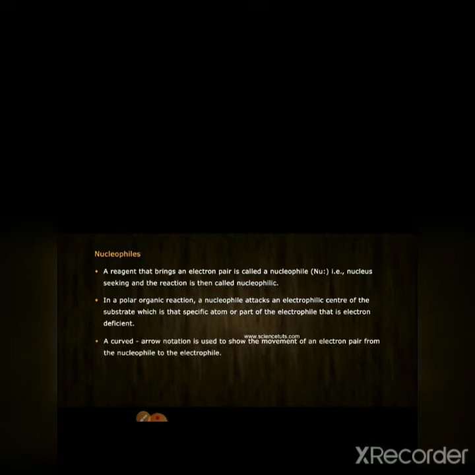A curved arrow notation is used to show the movement of an electron pair from the nucleophile to the electrophile. Example, hydroxide HO-, cyanide NC- ions, and carbanions R3C-, neutral molecules such as H2O, R3N, R2NH, etc.